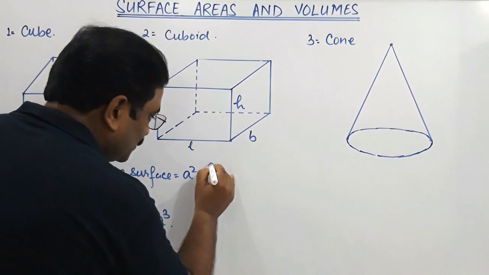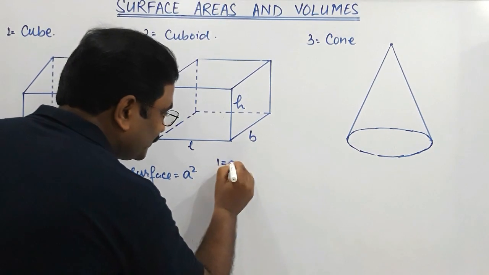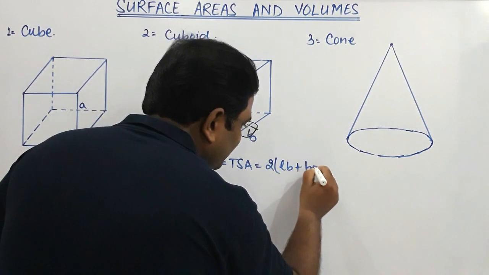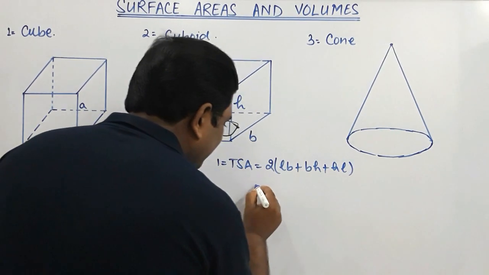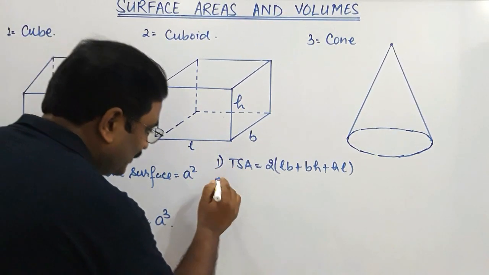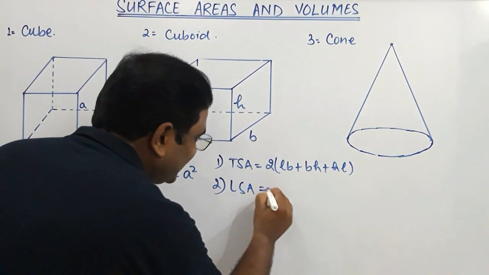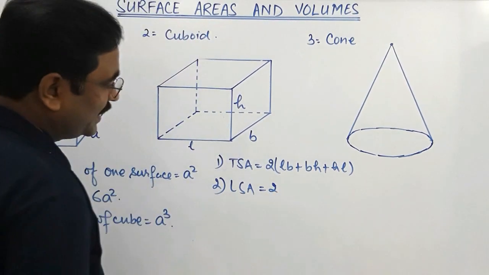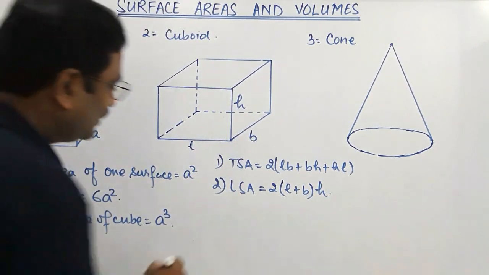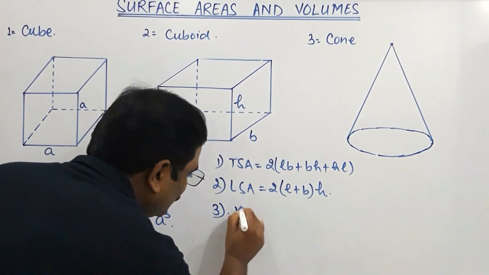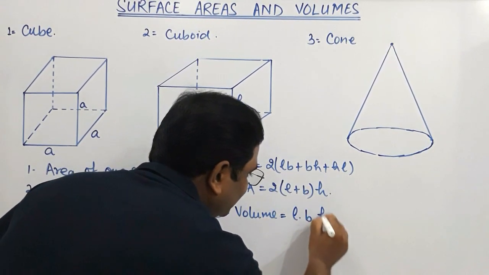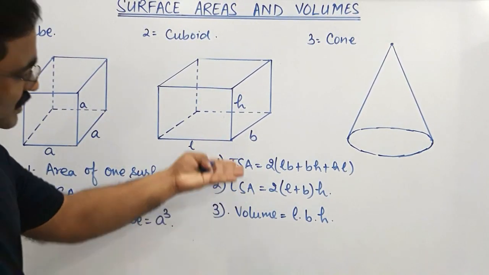For the cuboid, total surface area of cuboid is equal to 2 into LB plus BH plus HL, and you have read that its lateral surface area LSA is equal to 2 multiplied by L plus B into H. This is the lateral surface area, and the volume of cuboid is equal to length into breadth into height. So these are all about the cuboid.